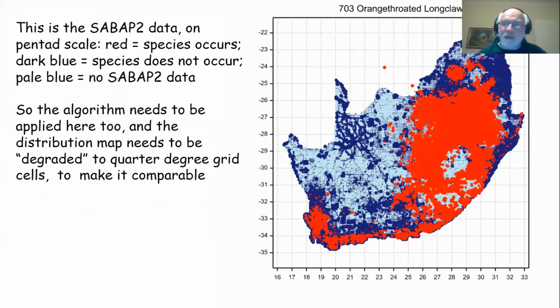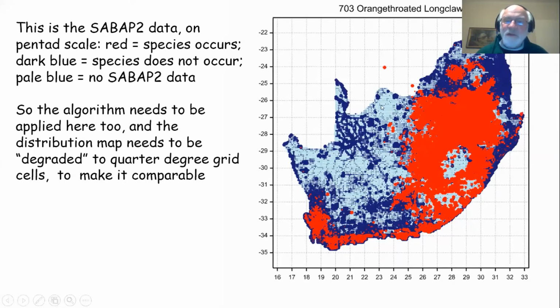The red is where it occurs, its reporting rate. The blue is where we have SABAP2 data. And it's actually quite horrifying that after 13 years of SABAP2 there are still such vast areas of the country of South Africa with so little data.